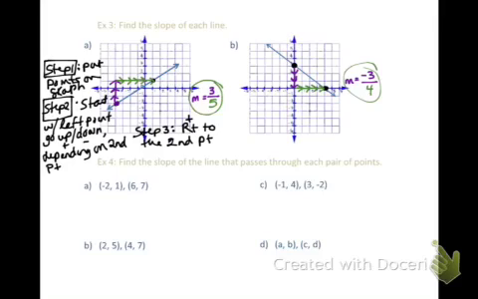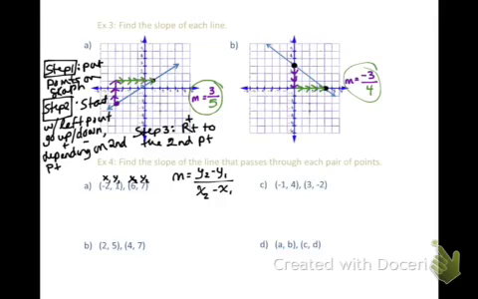Now, example 4. This time you're going to use the equation that we discussed earlier, and I'll write that down again for you. M equals y2 minus y1 over x2 minus x1. So what I would do is I'm going to put x1, y1, x2, y2.